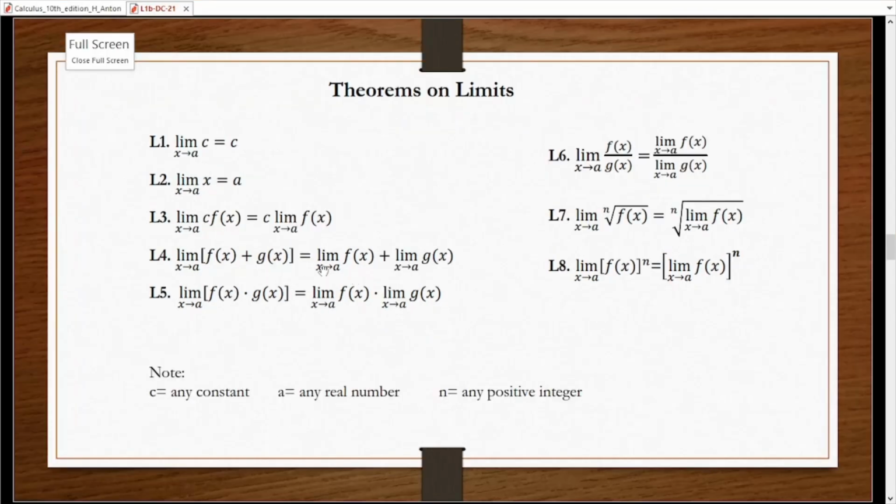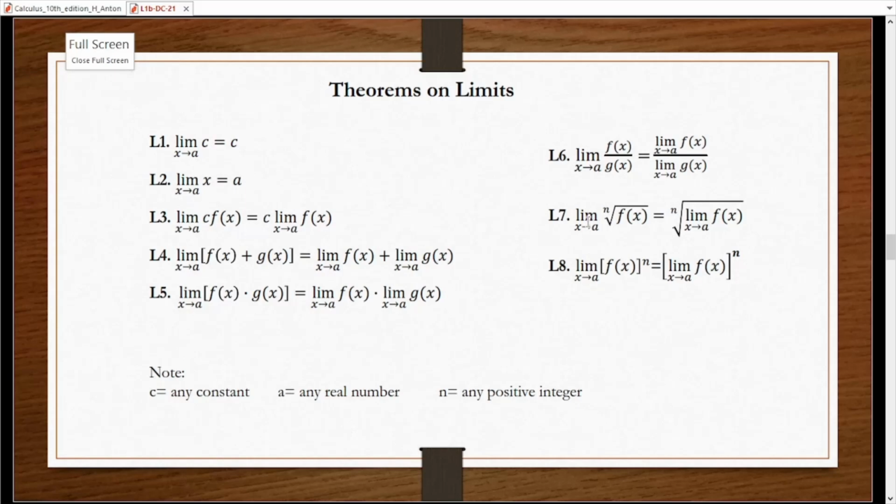So, yan. Susundin nyo lang naman yung binigay na theorem. So, let's say, sa sum, pwede natin kunin yung individual limits ng kada function and then saka na natin siya ipag-add. So, ganun din naman sa multiplication and for division.